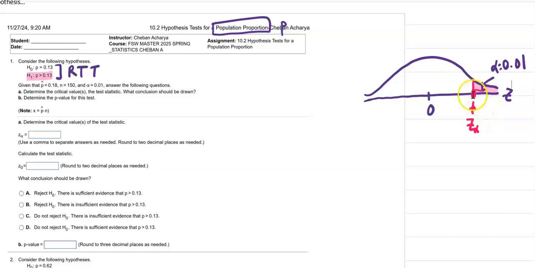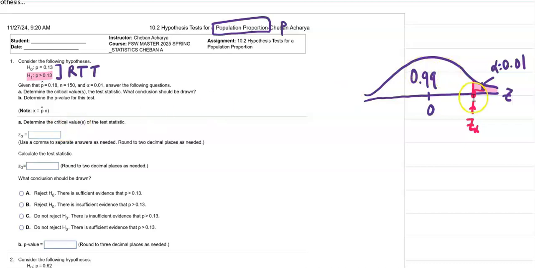I'm looking for this critical value using this level of significance, 0.01. So the area on the left of this critical value is 0.99.